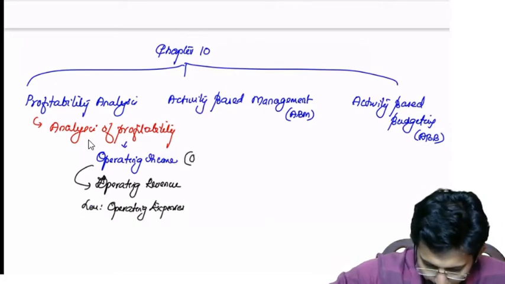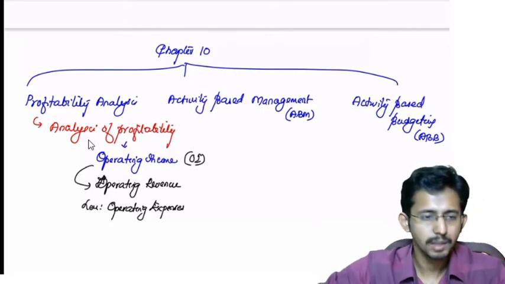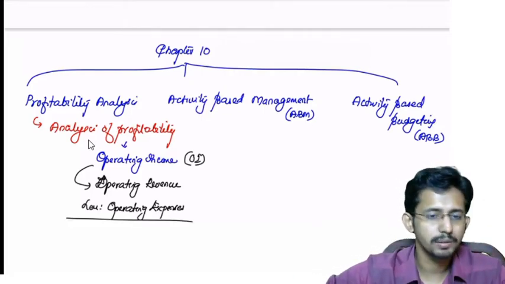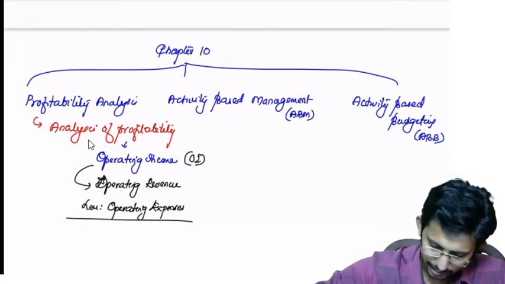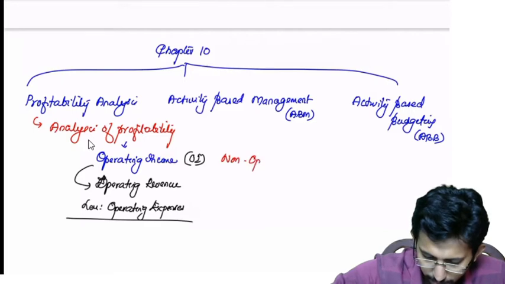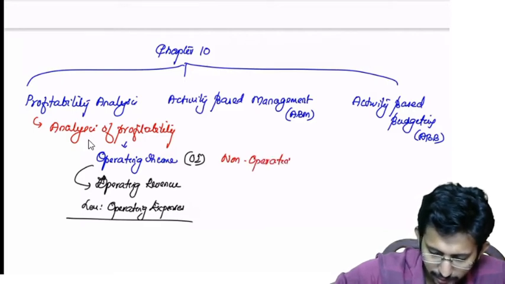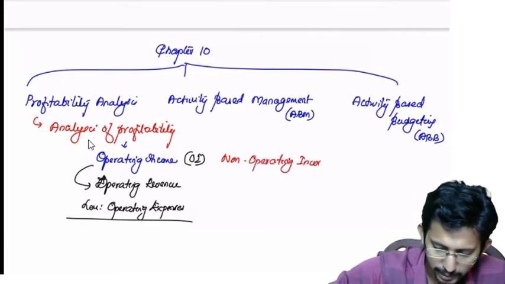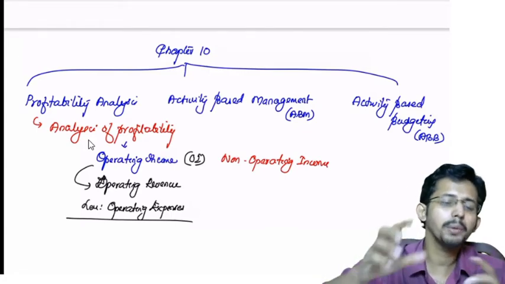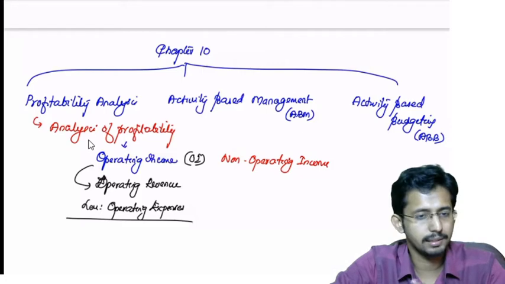Okay, let me write it as OI. Now, why operating income and operating expenses alone? Why don't we consider the non-operating income? It's a crucial question, right? Non-operating income. If an entity is earning some non-operating income, why don't you consider that for your analysis?